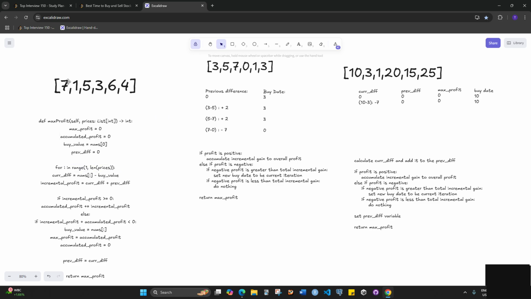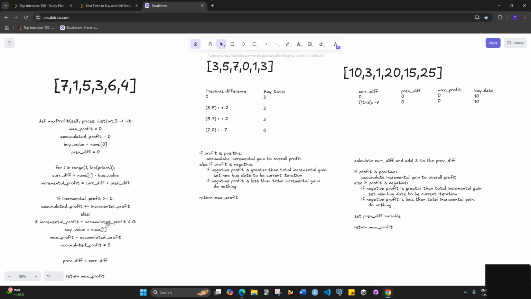So for I in range 1 to this, the current diff is equal to this, so -6. So incremental profit is going to be -6 on the first iteration. If it's greater than, no, so where's the else? Else is over here. Else, so if incremental profit, which is -6, plus the accumulated profit is less than 0, which it is, then we do buy value is equal to nums1, so we change it to 1.